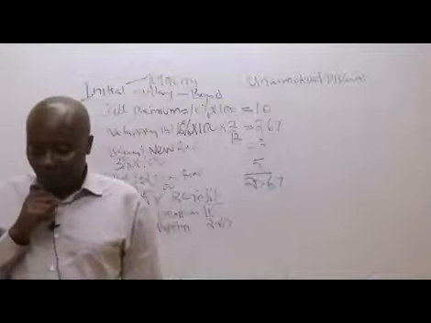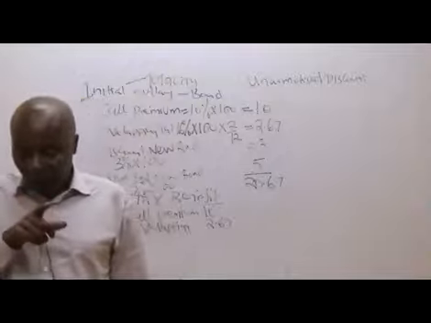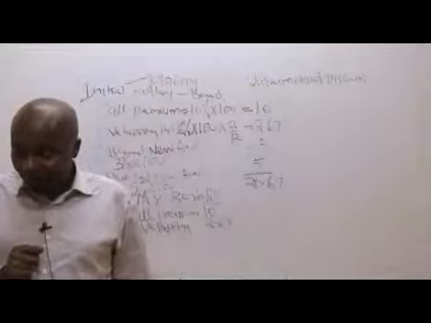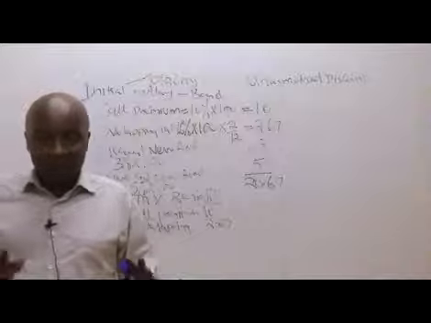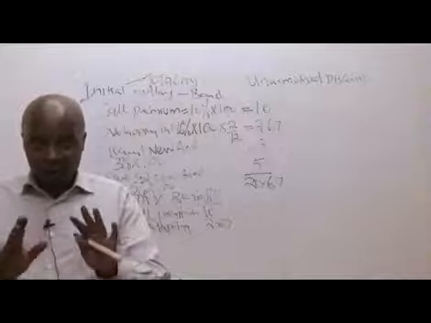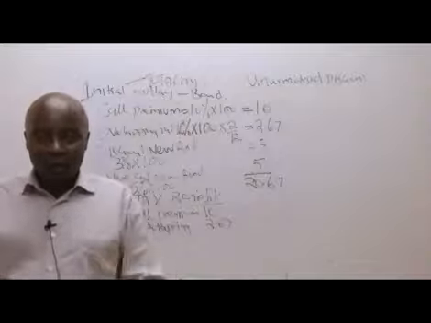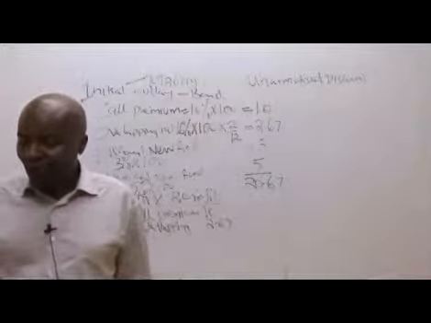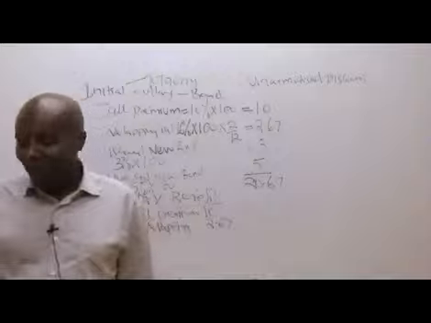Then we have Peter telling me 2 million. Faith tells me 2 million. Mary says 1 million. Go to the discount of the old bond. Discount 1 million.